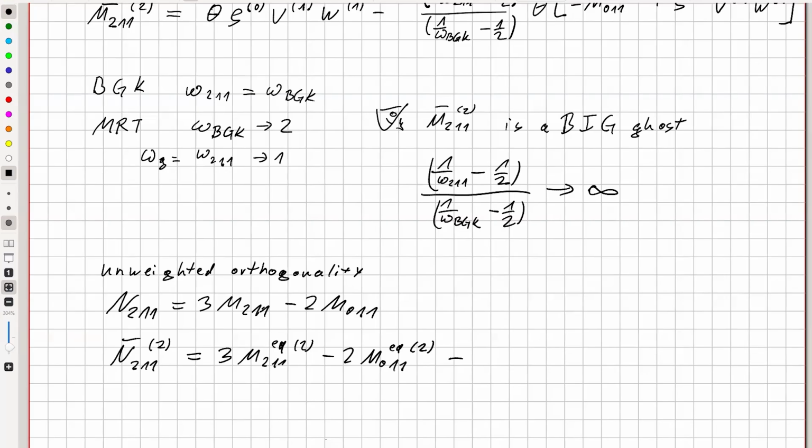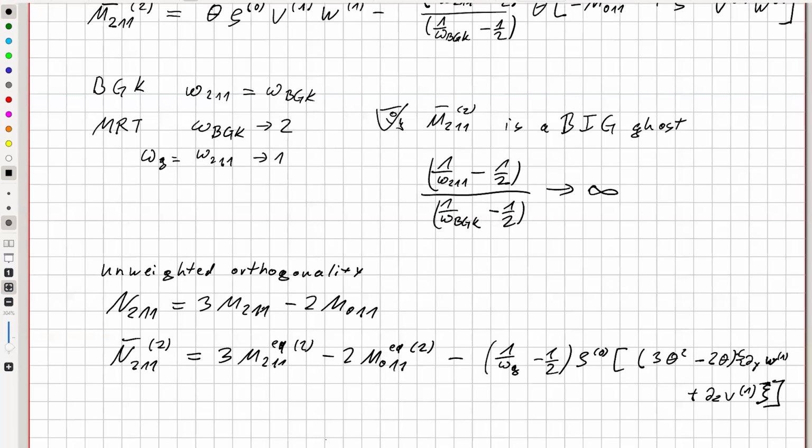We are not relaxing the raw countable moments, but we are relaxing this guy, with omega ghost minus 1/2 rho 0, and here comes now 3 theta square minus 2 theta into dy. This is W1 plus dz v to the first order.